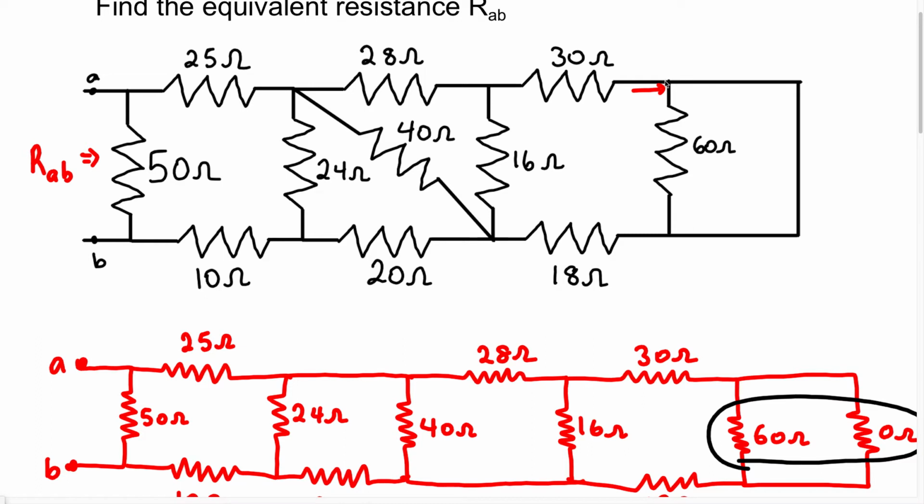The current is just going to flow through this branch, thus eliminating this 60 ohm resistor to begin with. Now, if you cannot really see that, anywhere you have a branch with no resistors, you can always add a resistor and label it as 0 ohm. And then you can use the knowledge about series and parallel resistors to find the equivalent resistance.